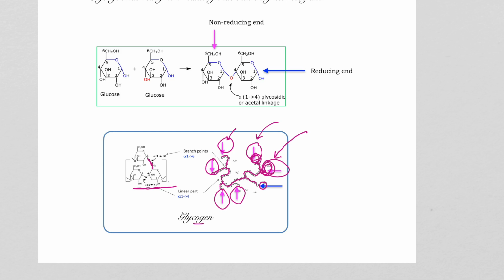Okay, and that's very important, because glycogen, we'll see in the next video, glycogen is how we store glucose. Okay, and blood glucose is so critical for our survival that maintaining blood glucose is very important. Okay, so understanding reducing ends and non-reducing ends is important to understand glycogen metabolism.